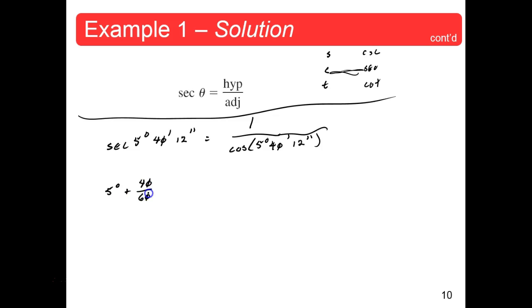So 40/60th of a degree, right? Plus 12 seconds is what part of a minute? That's 12/60th of a minute, which would then be 12 divided by 60 again, and that would be 12 over 3600ths of a degree.